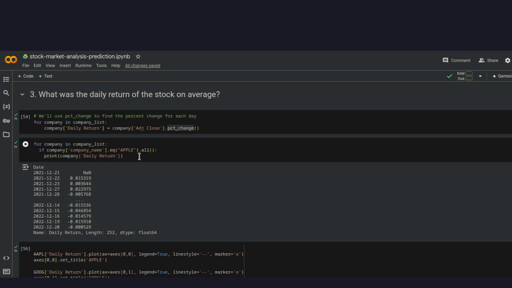Let's see, for example, if I print this one, you can see the first value is NaN, but the second value will be the difference from the first value to the second value. The method pct_change will help us get that difference.